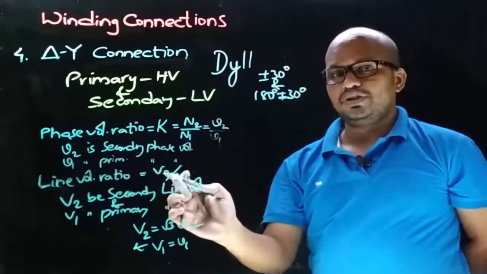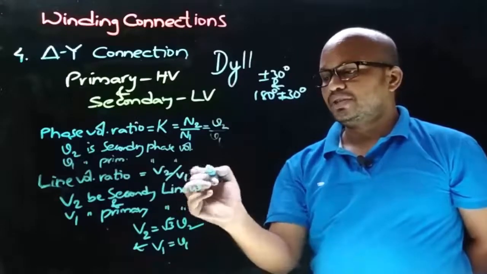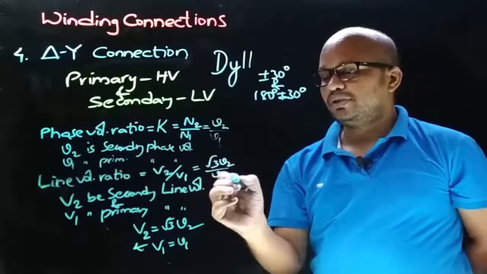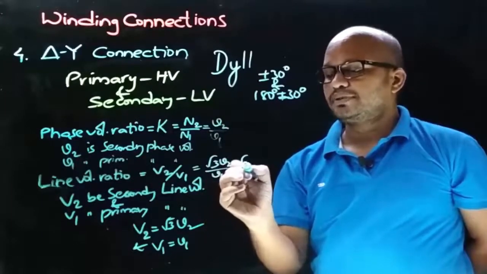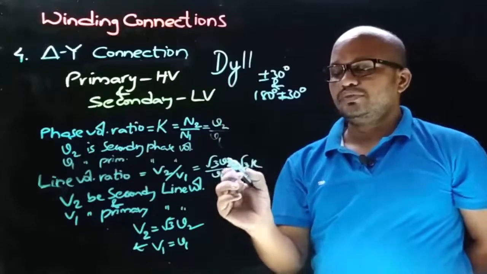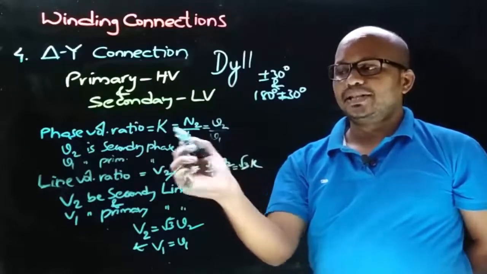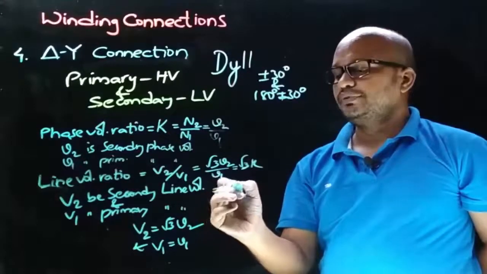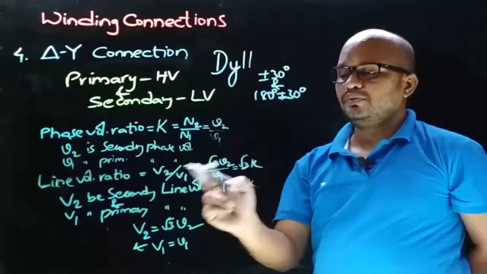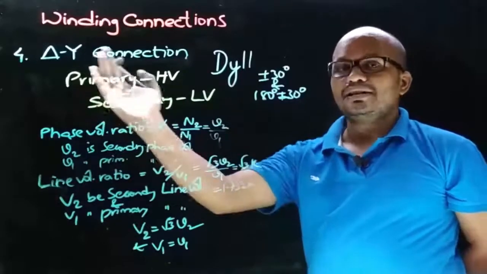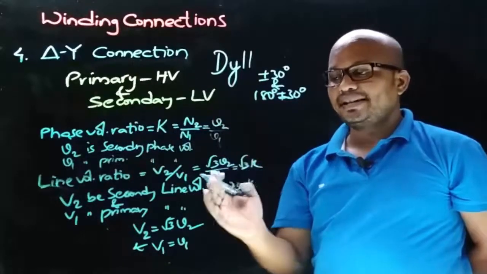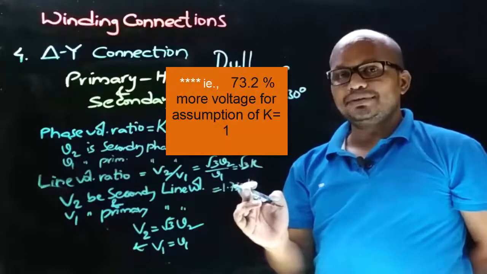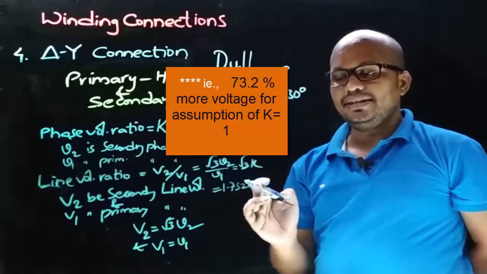Now let's replace the line voltages with phase voltages. That gives root 3 times small v2 by small v1, which gives root 3 times K, because we know that small v2 by small v1 is equal to the transformation ratio constant K, and that is equal to 1.732 times K. So from this relation we can say that delta star connection can provide a secondary line voltage which is 73.2% more than the primary side line voltage for K equal to 1.